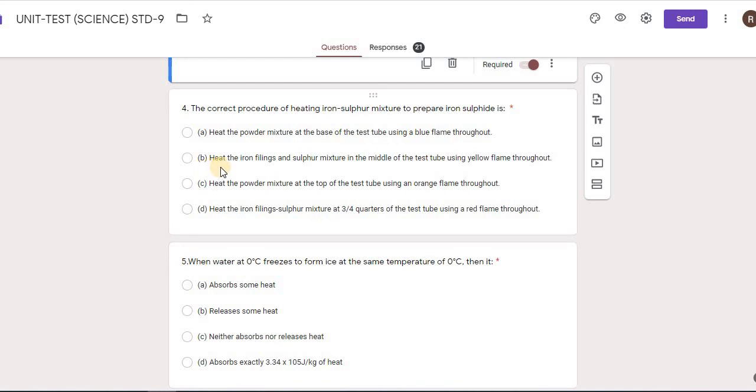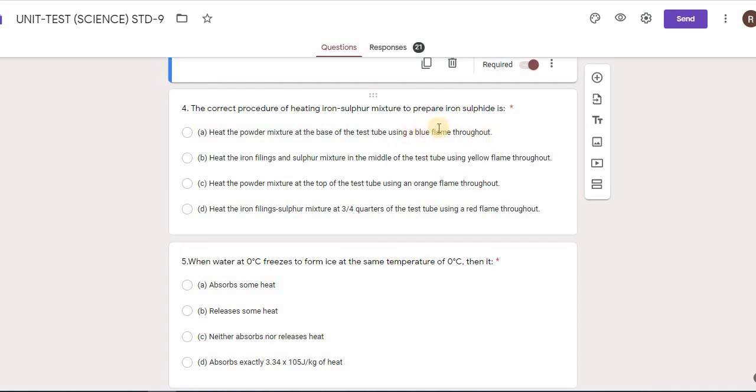Option B, heat the iron filings and sulfur mixture in the middle of the test tube using a yellow flame throughout. Option C, heat the powder mixture at the top of the test tube using an orange flame throughout. And option D, heat the iron filings sulfur mixture at three-quarters of the test tube using a red flame throughout. Here the answer is A, heat the powder mixture at the base of the test tube using a blue flame throughout.